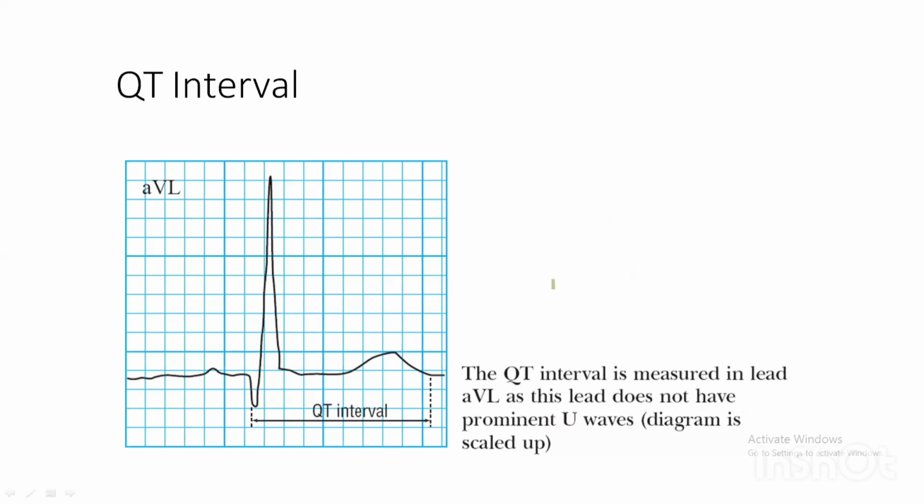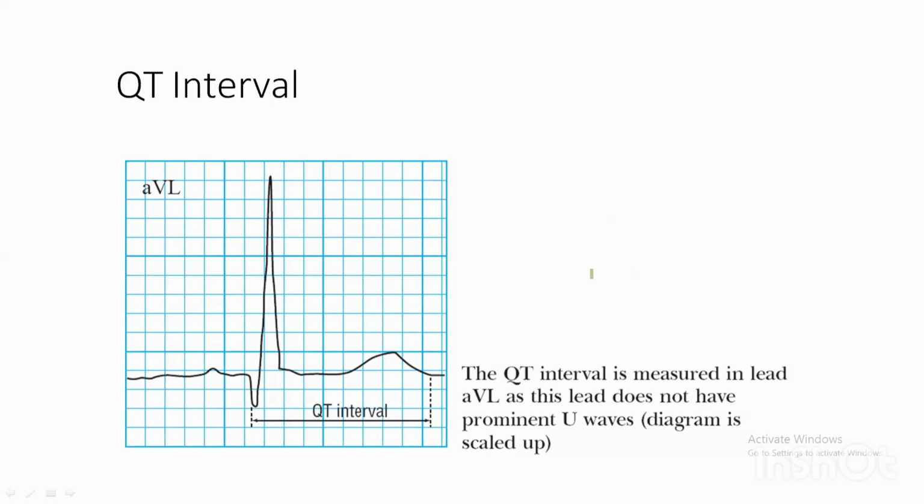So 0.2 into 9, that is 1.8. So this is most likely a 50 millimeter speed.